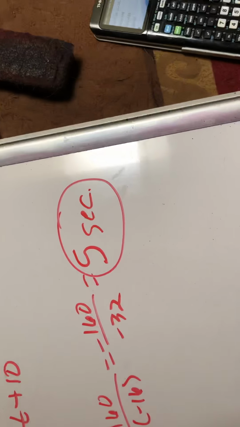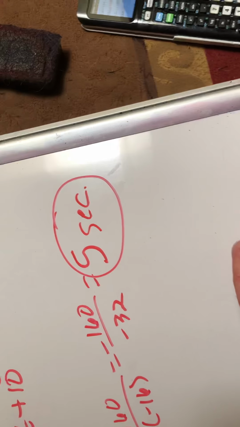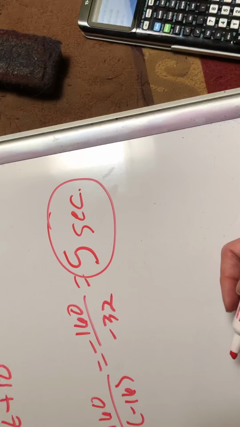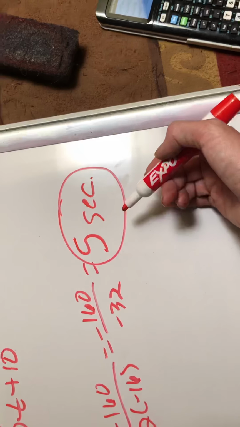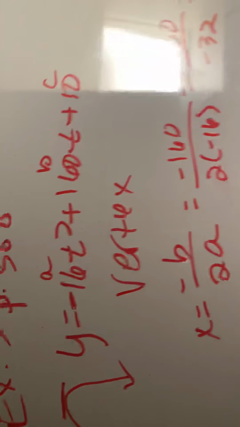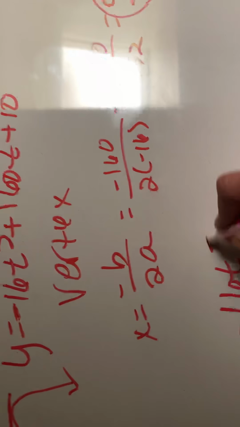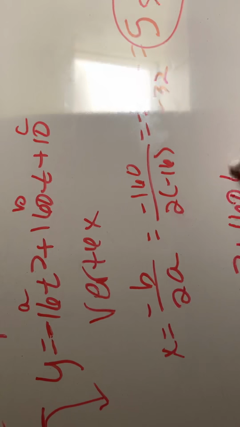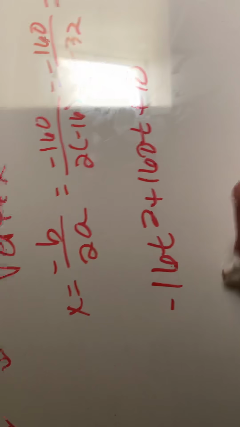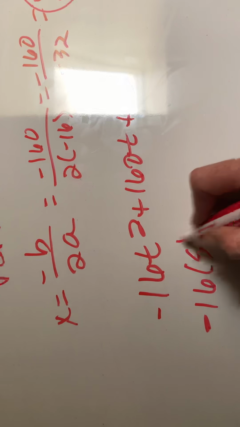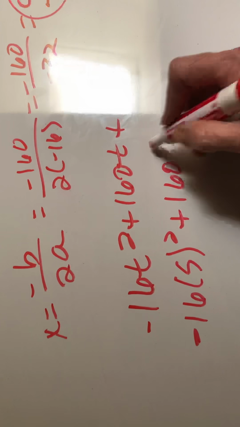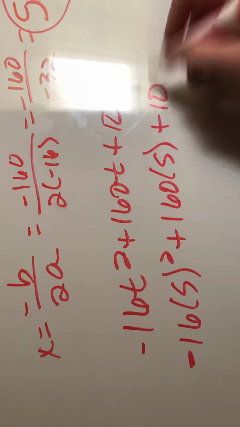Okay? Now we want to find what that maximum height is. To find that maximum height, we plug the time back into the original equation. So we take that negative 16t squared plus 160t plus 10, and we plug it in. Negative 16, 5 squared, plus 160 times 5, plus 10.